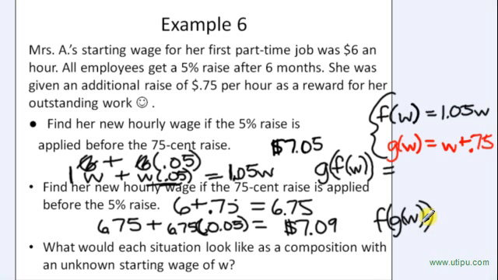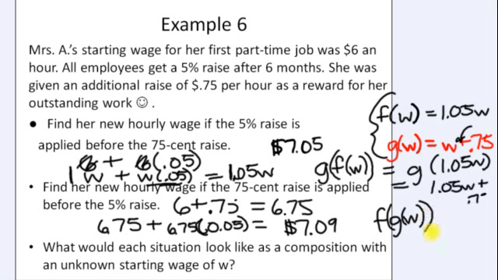G of f of w would be g of 1.05w. And then if I look at function g, it says to take the input and add 75 cents to it. Well, our input is now 1.05w, plus the 75 cents.